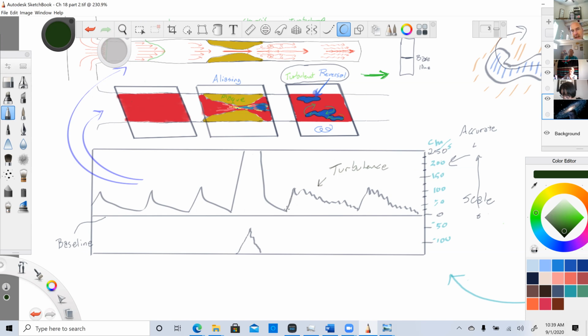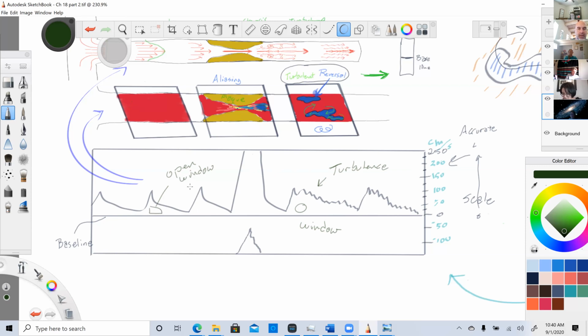You can see turbulence at the top of your velocities. You can also see turbulence down here. We call this the window. I don't want to get too much into this, but open window, meaning this area is black, or hypoechoic, anechoic.